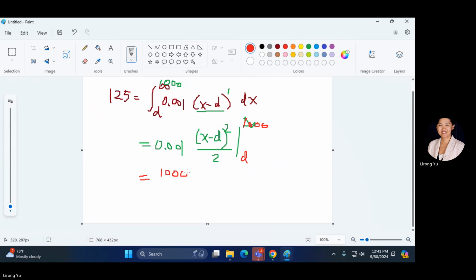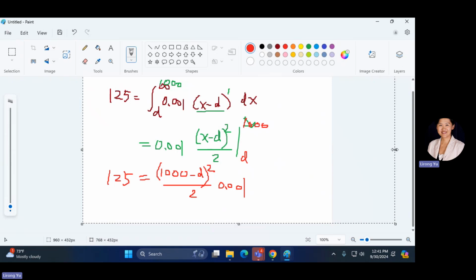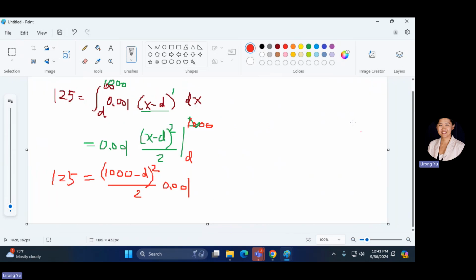We get (1000 minus d) squared over 2, times 0.001, and at least we finished the integration. This equals 125. From this, we can start solving for d. The rest is all algebra now that the equation is complete. For example, if you multiply both sides by 2, you have 250 equal to (1000 minus d) squared times 0.001.